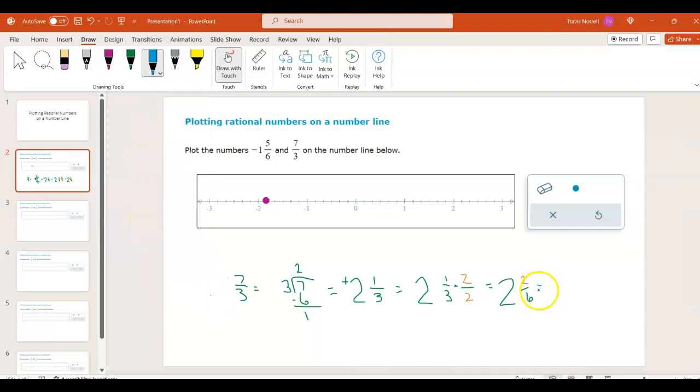Just to show you, if I were to divide 6 by 2 in order to get that denominator of 3 again, then I would have to do the same thing to the numerator.